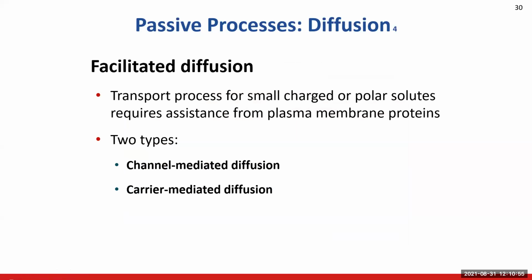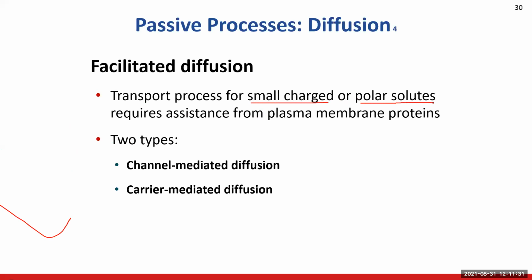In facilitated diffusion, again, we're going to deal with the movement of molecules across the plasma membrane, and we need help. That's why we call it facilitated diffusion. In this case, these molecules are going to be small charged molecules or polar molecules or solutes.